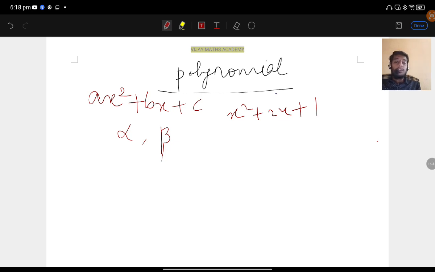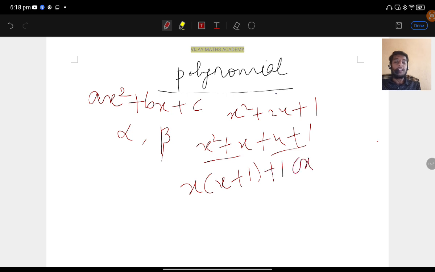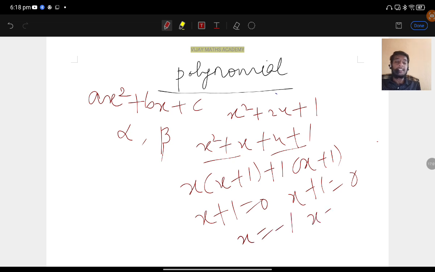Now x square plus x plus x plus 1, make pairs. Here you take x as common, x plus 1. Here you take 1 as common, x plus 1. Make equal to 0. x plus 1 is equal to 0, x is equal to minus 1.